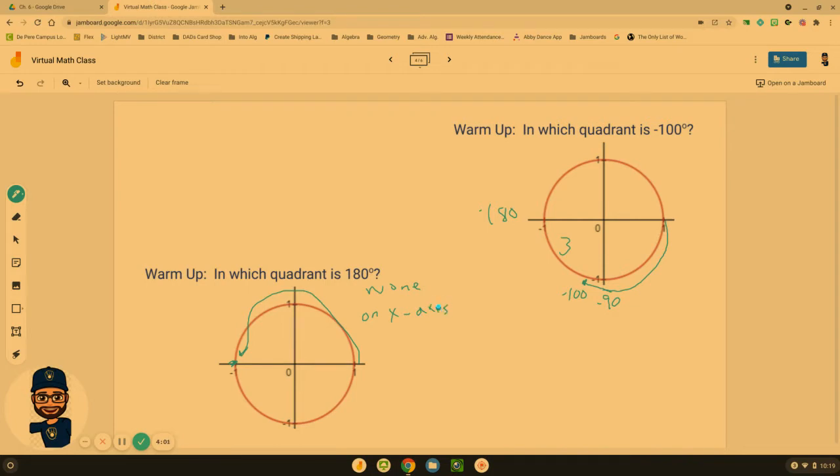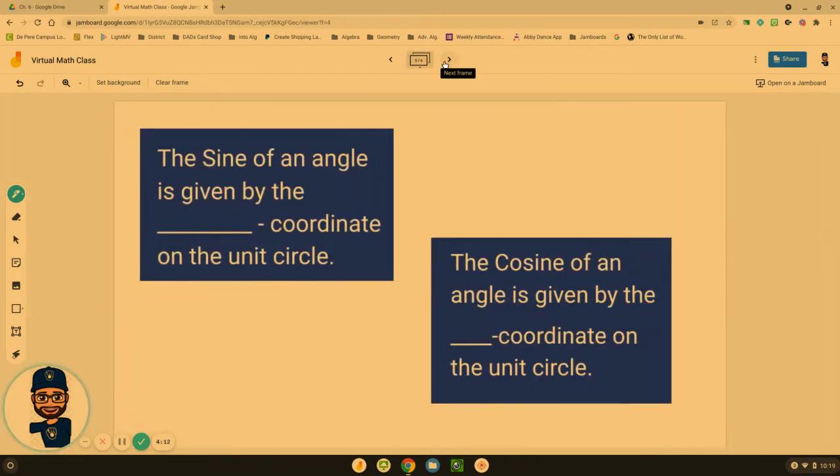Now hopefully you were able to answer most of those right, because we need to know which direction to go. We need to know how far to go to help us understand how to use that unit circle. Okay, here we go. The sine of an angle is given by the blank coordinate on the unit circle. The sine, that is our y coordinate.